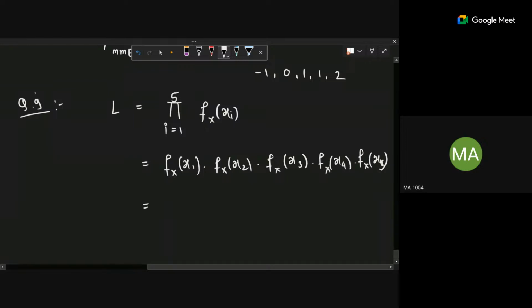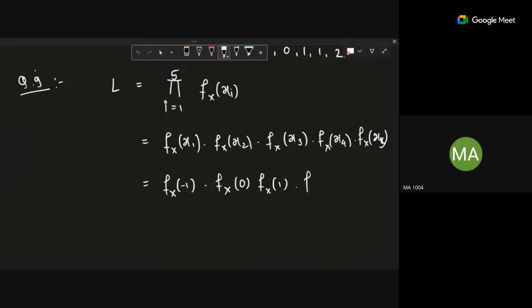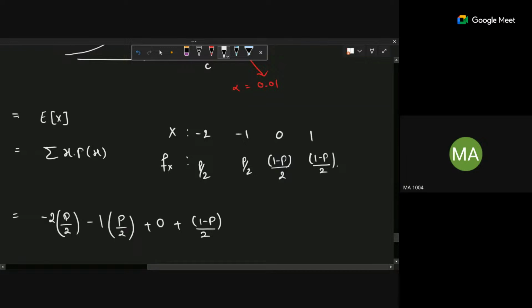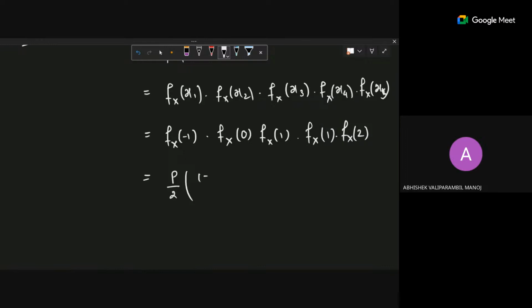For x1 I have -1, so f(-1), f(0), f(1), again f(1) and f(2). Now we know the PDFs of these f(xi) from this table. I will put all these values: for -1 it is p by 2, p by 2. For 0, 1 minus p by 2. For 1, 1 minus p by 2, and I'm taking the square because it occurs 2 times, and p by 2.